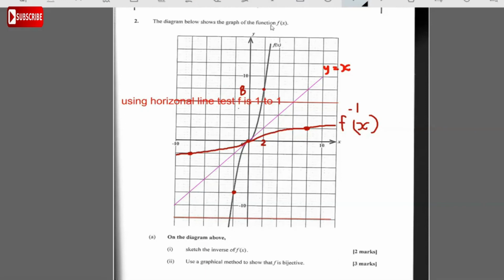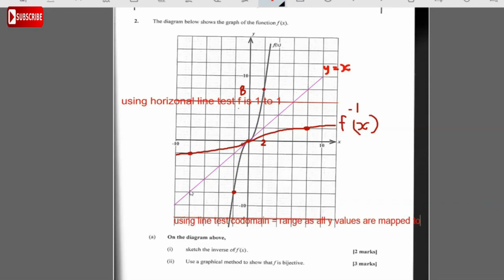So using the horizontal line test again, you can see that the codomain is equal to the range, as all y values are mapped to.